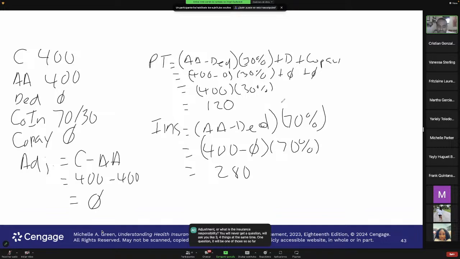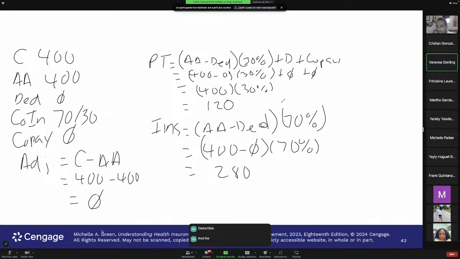So far, we've done what could happen with the co-insurance. With the patient pay, when it came to the 400 minus the 30%, we did the $0, which is the copay. And what is next to the copay? Deductible.